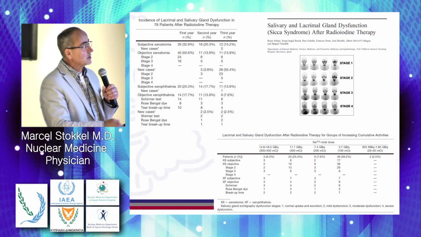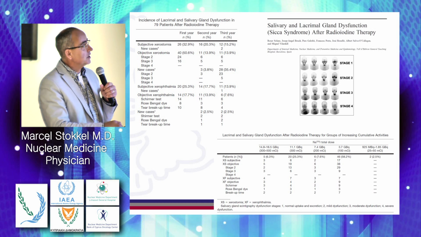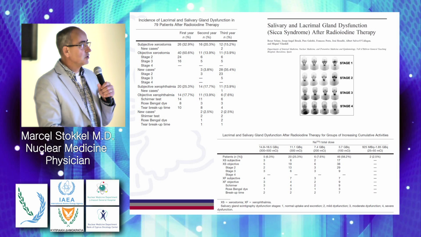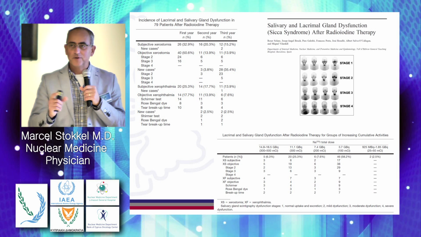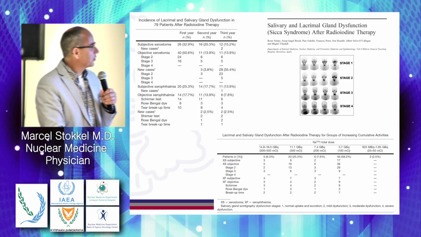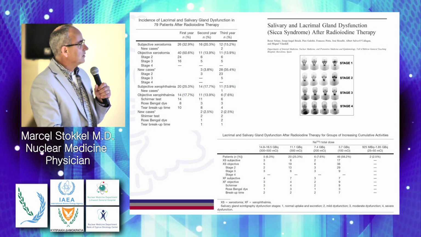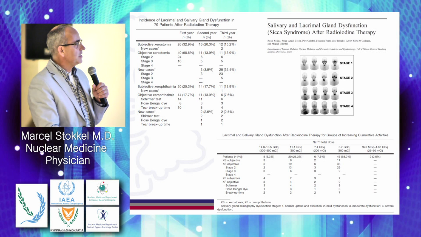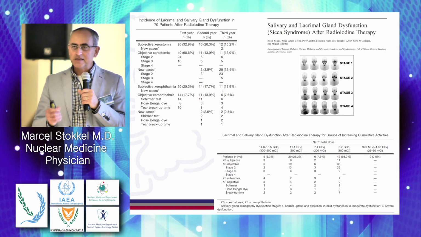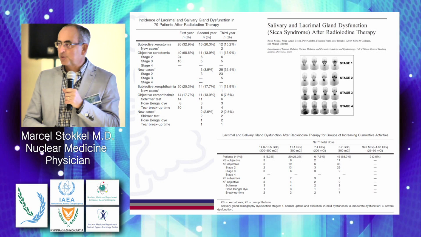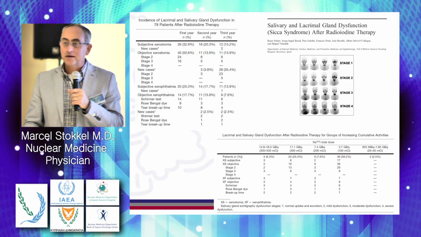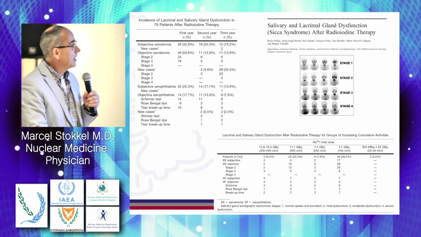However, there were some tests done, and the objective percentage was much higher than what the patients complained about. So the problem is, what are we talking about? The same problem is there when we talk about the eyes: subjective, 25% of the patients, objective, 18%. So there are differences in how patients experience the problems and what can really objectively be established.